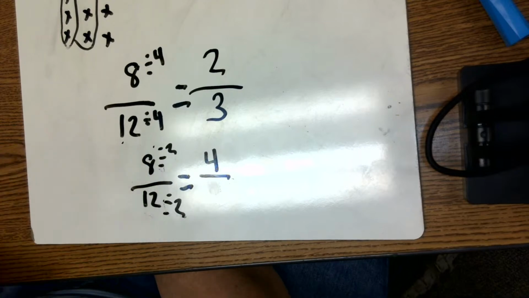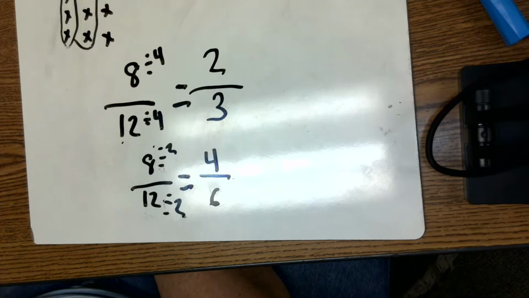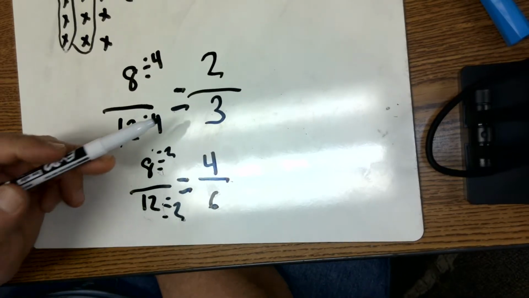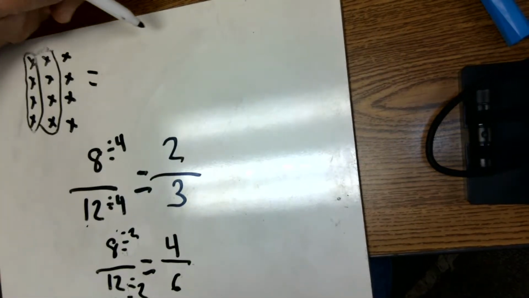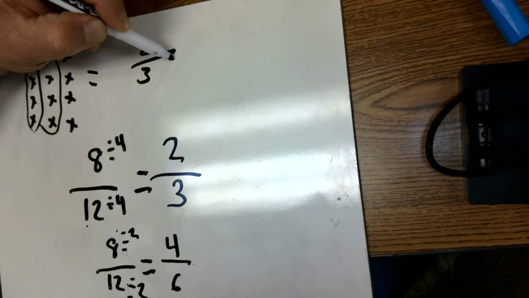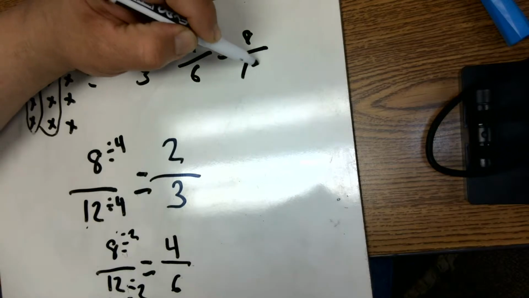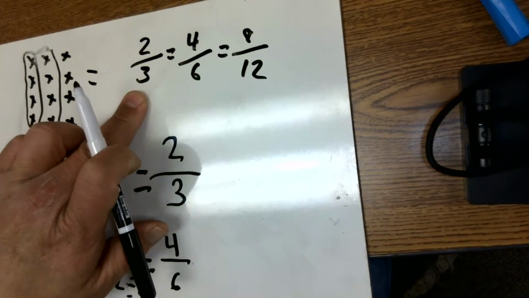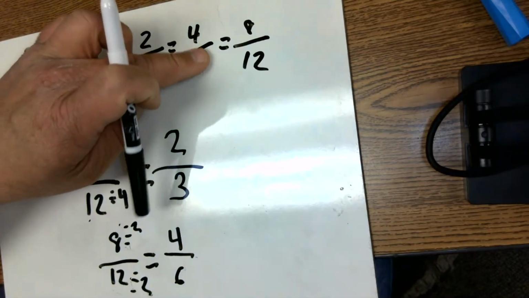And 12 goes into 2 how many times? 6. So 2/3 and 4/6 are equivalent fractions to 8/12. 2/3 equals 4/6 equals 8/12.